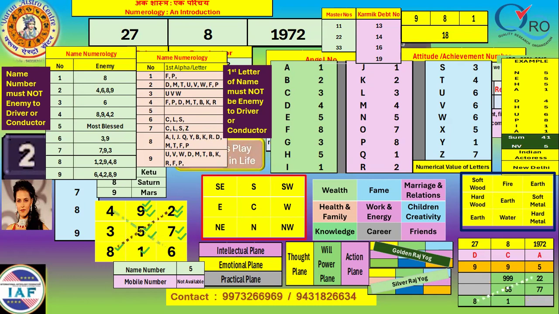1 is represented by king or government, 8 is represented by downtrodden people, servants, workers, and judiciary. You see, these persons are having grievances with the government, and are always in fighting mode.